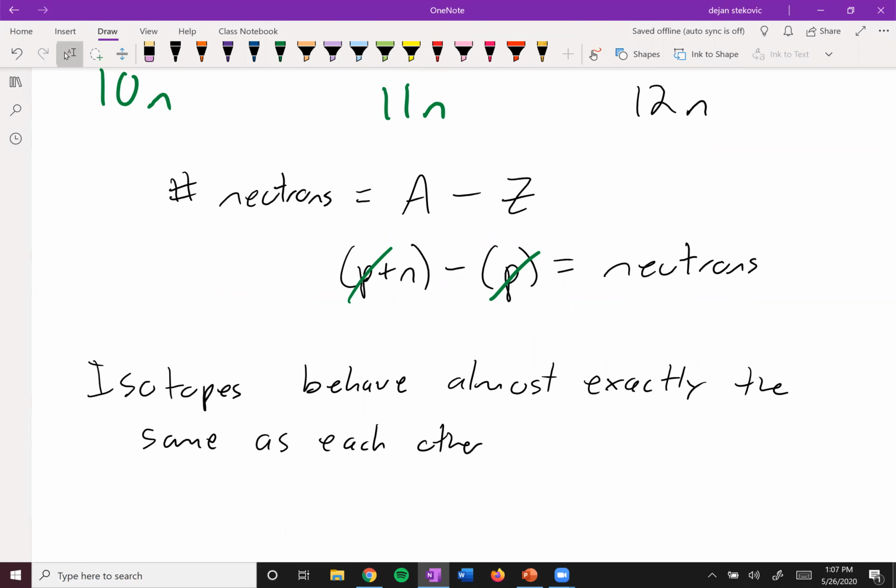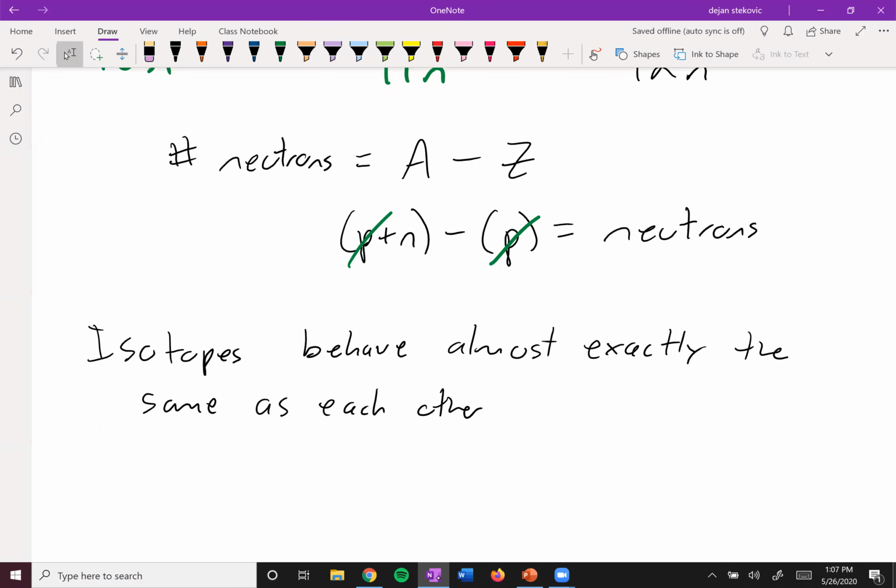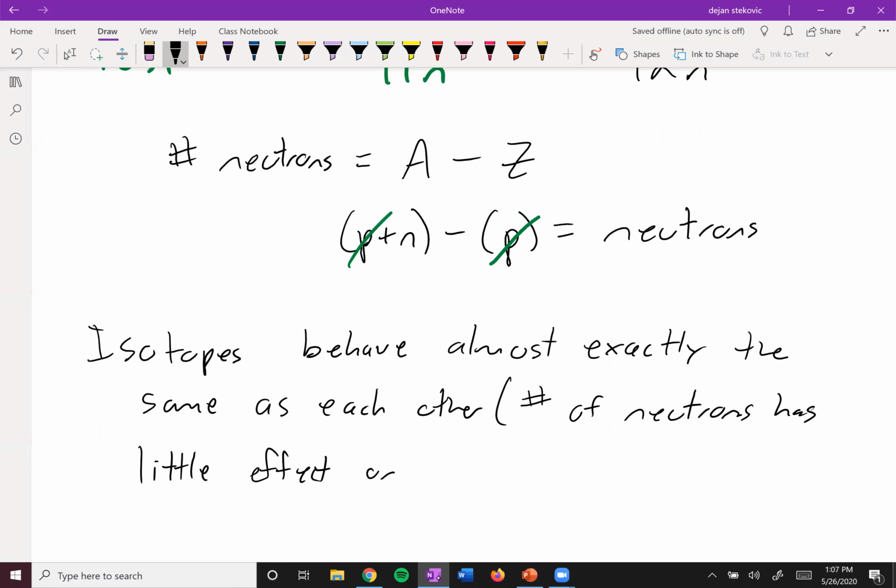Overall, they would behave approximately the same as one another. And so what that tells us is that the number of neutrons has little effect on the properties of an element. It's really the number of protons and electrons that controls most of the properties of an atom. There are obviously instances where isotopes behave differently and it does become important, but that's beyond the scope of this course.